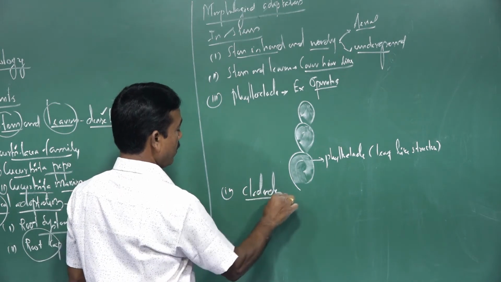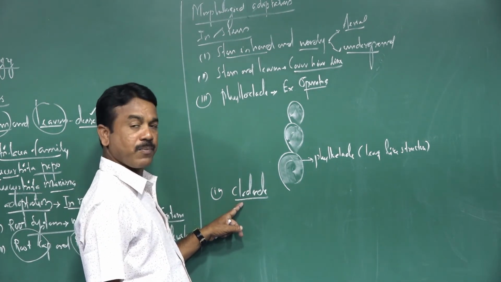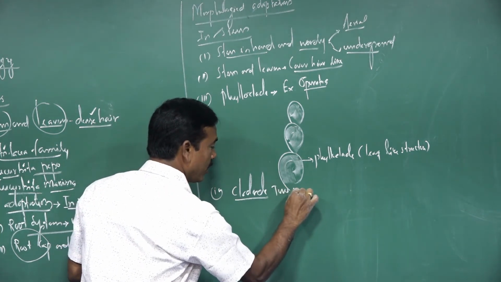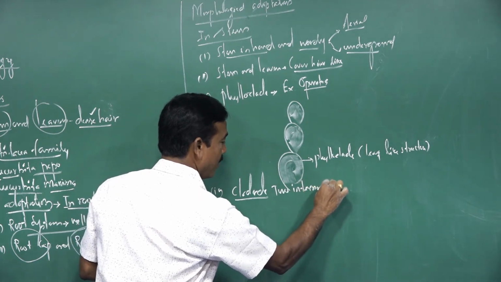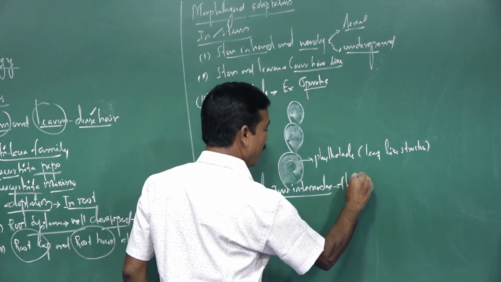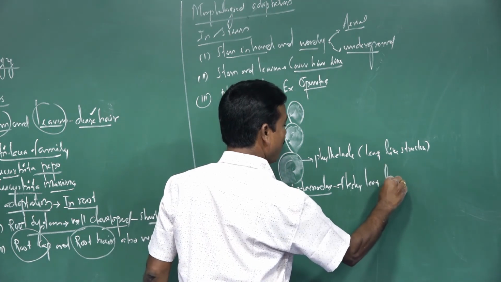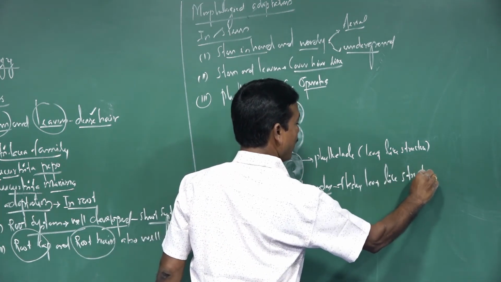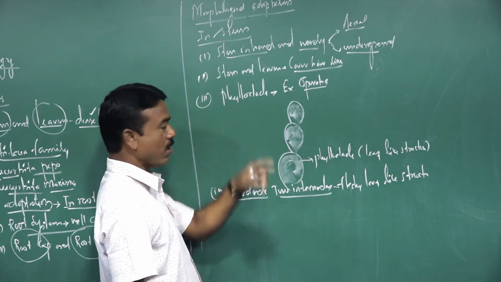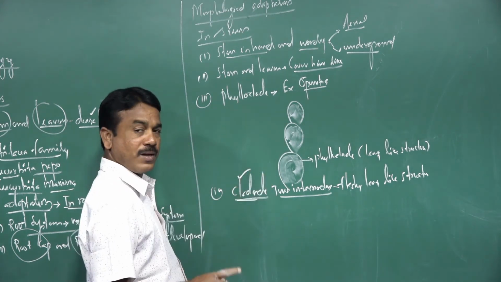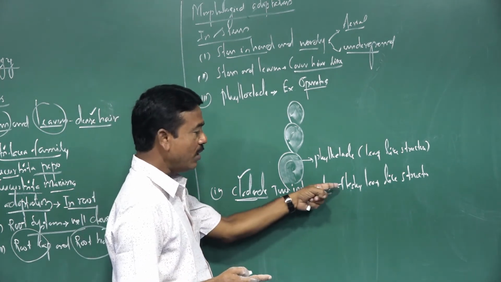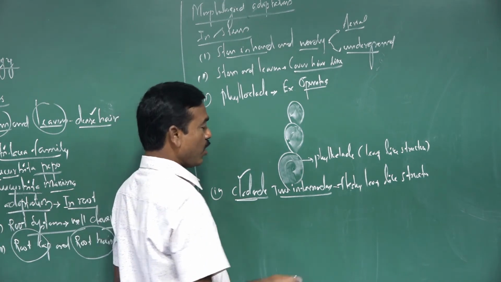Fourth one, cladode. So what does cladode mean? A single or occasionally two internodes are converted into fleshy leaf-like structures. Here, when all internodes are converted into fleshy leaf-like structures, it is called a phylloclade. What is a cladode? When a single or occasionally two internodes become converted into fleshy leaf-like structures, that is commonly called a cladode.